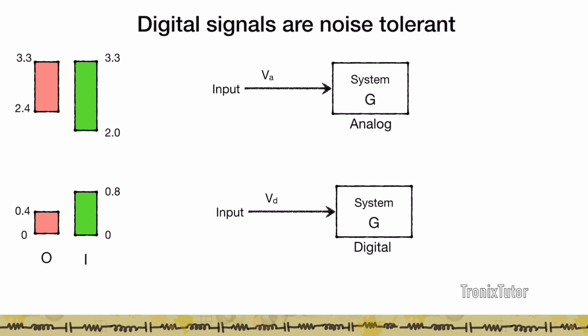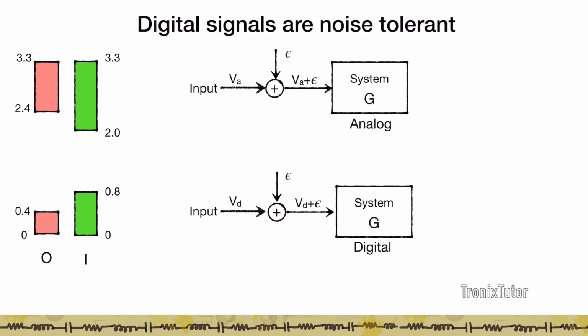So let's consider, for comparison's sake, two systems, one an analog system and one a digital system. Let's assume that we have given two inputs, one analog input to the analog system and digital input to the digital system. What you see is the subsequent outputs you get, which are functions of the input signal. Now let's assume that instead of the actual signal that is going in, this actual voltage value, there is some sort of error being induced in the input signal.